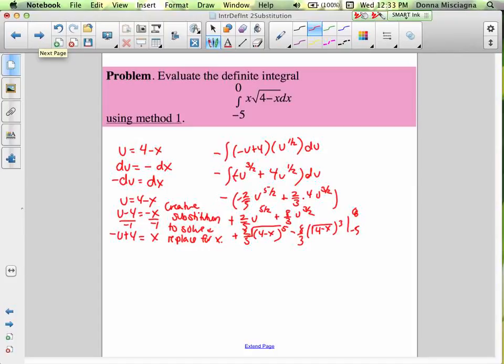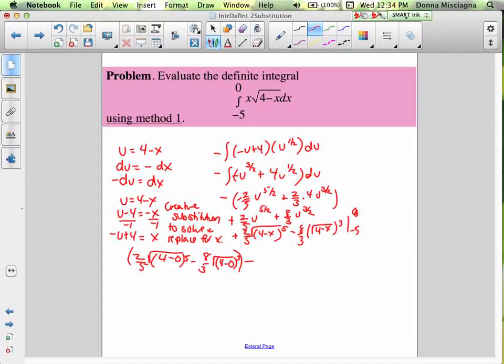All right, so I'm just going to start going over here. So 2 fifths square root of 4 minus 0 to the 5th power, minus 8 thirds square root of 4 minus 0, and to the 3rd power.